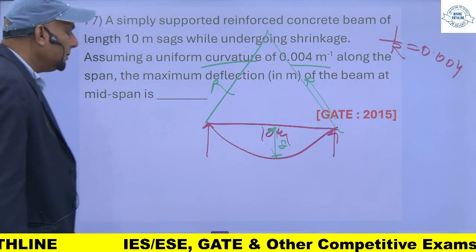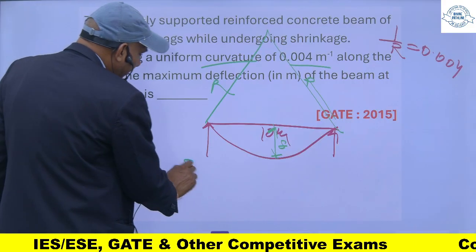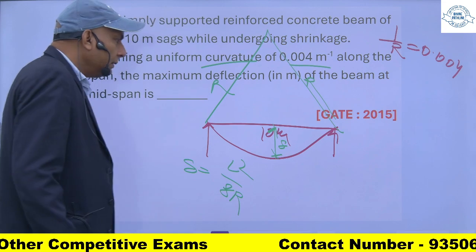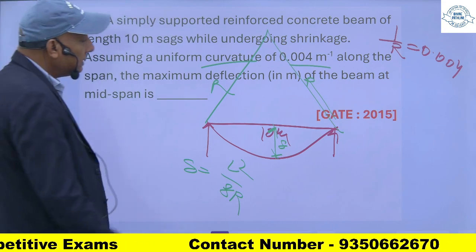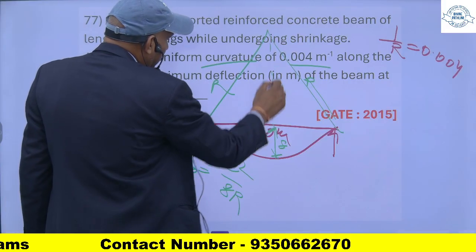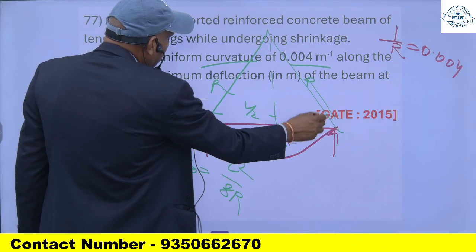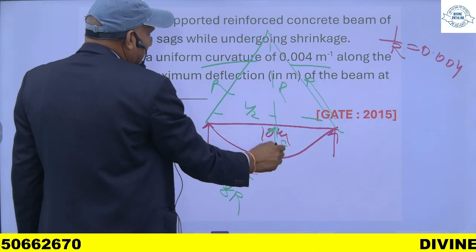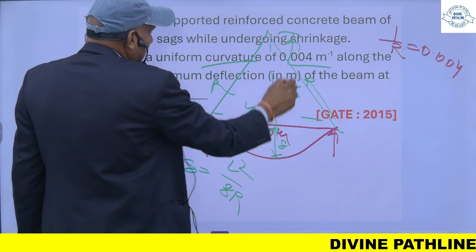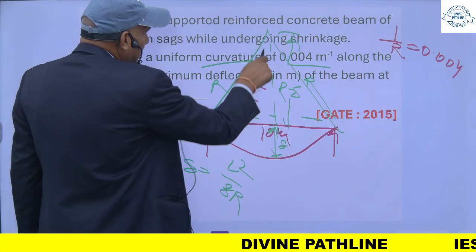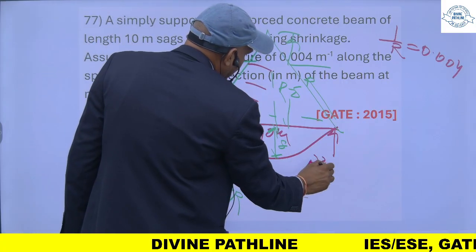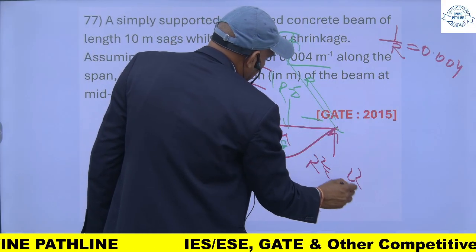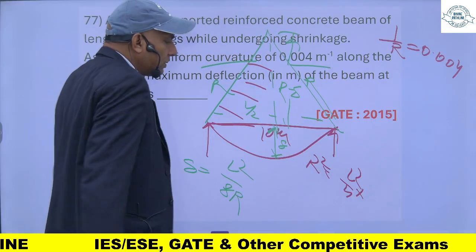And remember, this delta will be L square upon 8r. So if you calculate, this is L. So this will be L by 2, L by 2, this is R, and this will be R minus delta. Now in this triangle, this R square will be this L by 2 square plus R minus delta whole square.